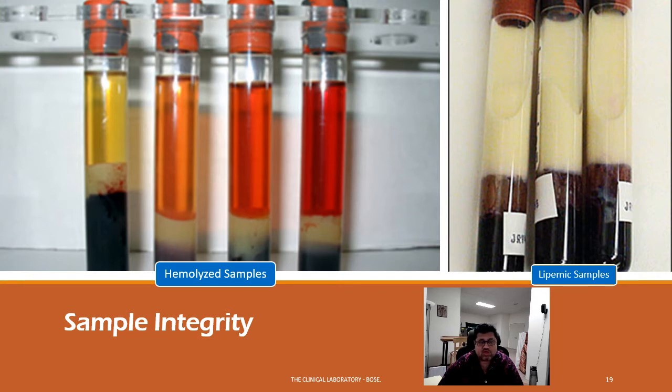So in vitro hemolysis can occur during phlebotomy. In vitro means while the actual blood is being pulled from the vein, and it can happen right then, and it can cause rupture of the cell membrane of the red blood cells and leakage of the pigment hemoglobin into the surrounding fluid.